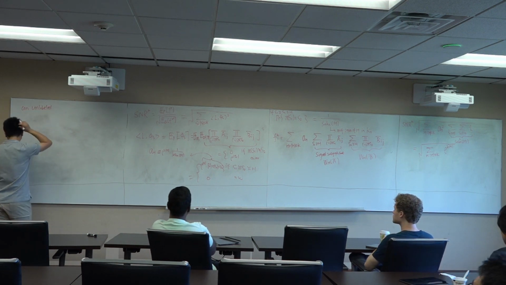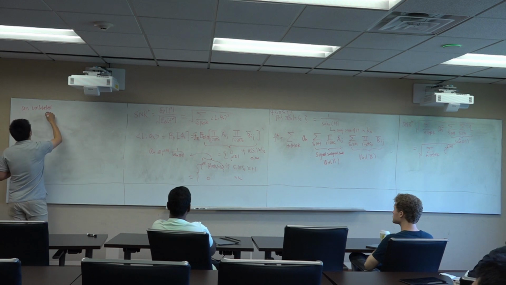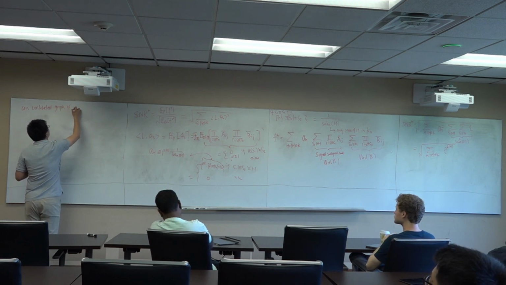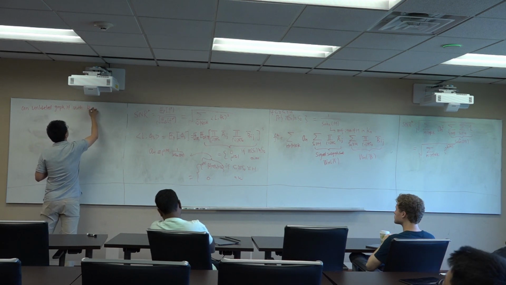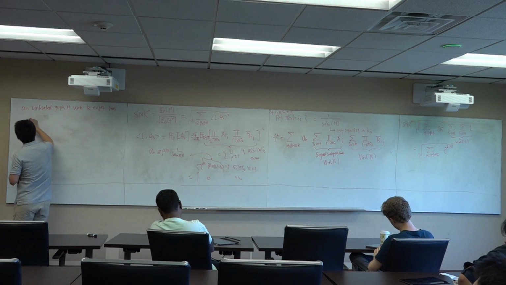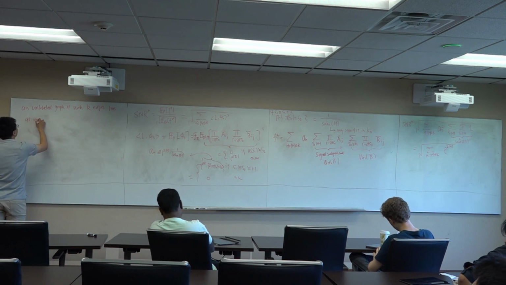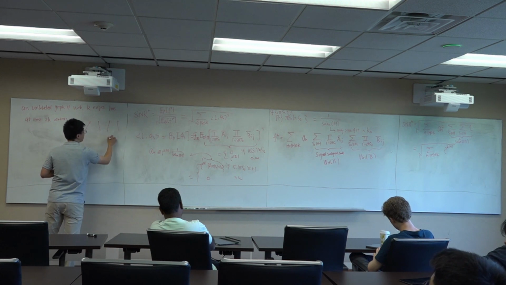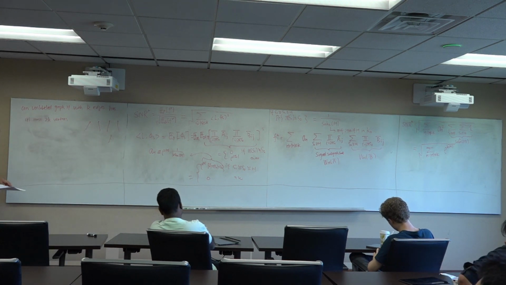So if you look at an unlabeled graph, let's say with k edges, then we know it has at most 2k vertices, because here I'm looking at the induced graph. If you give me a bunch of edges, at most you have 2k vertices.